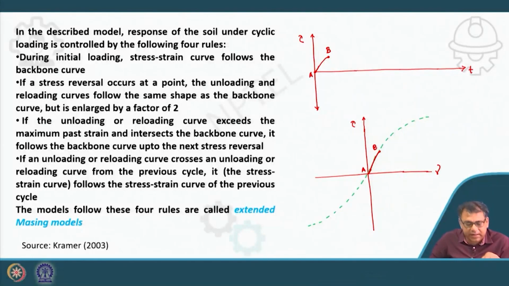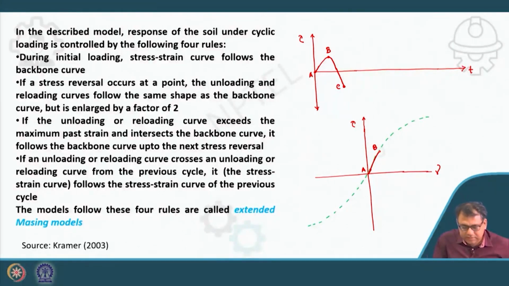Now it's saying that if a stress reversal occurs at a point, the unloading and reloading curve follow the same shape of the backbone curve, but enlarged by a factor of 2. Say now there is a stress reversal. It is going down in the opposite direction and it will go up to the C point. Here also there will be a stress reversal.